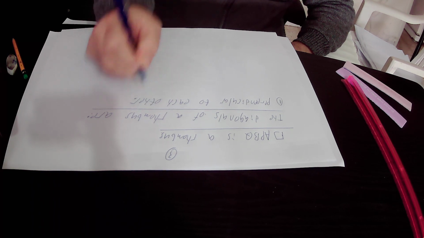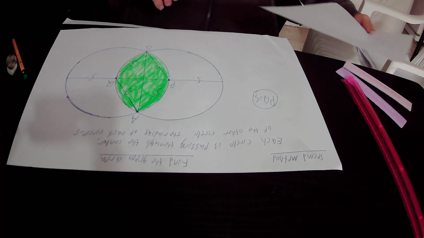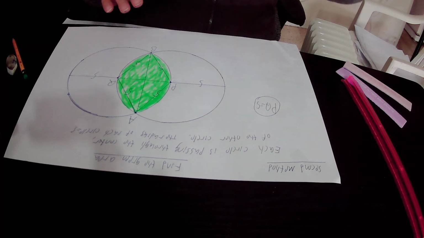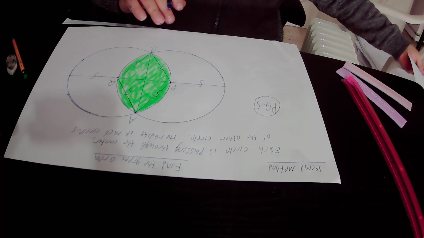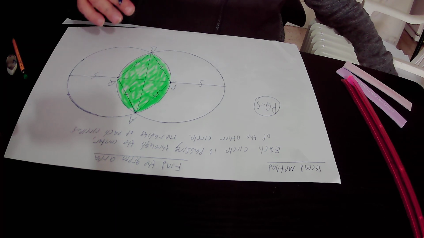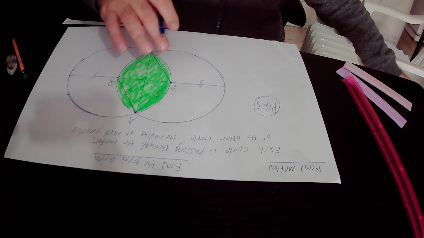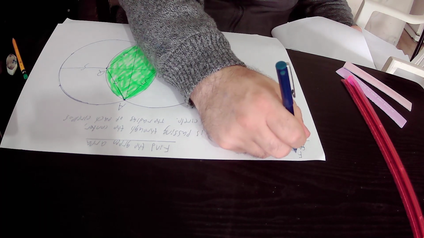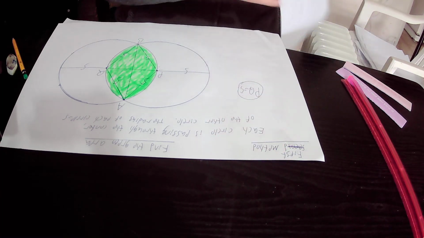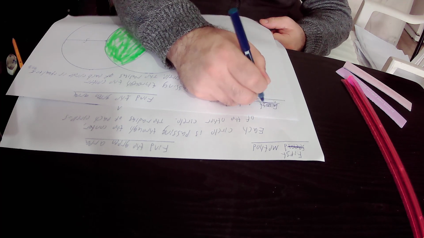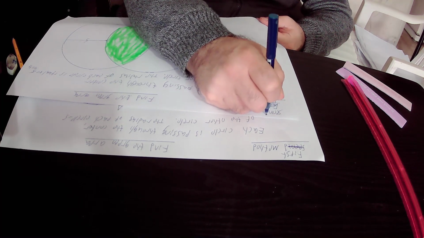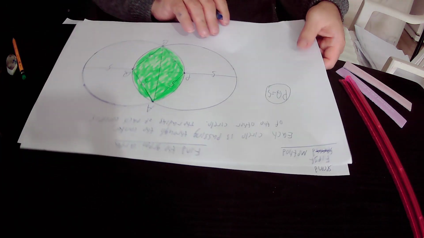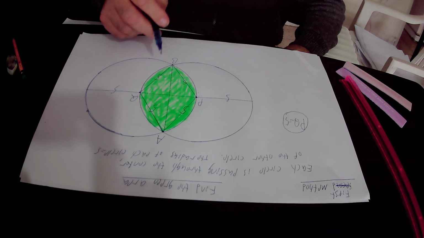So here the diagonals of rhombus APBQ are perpendicular to each other.